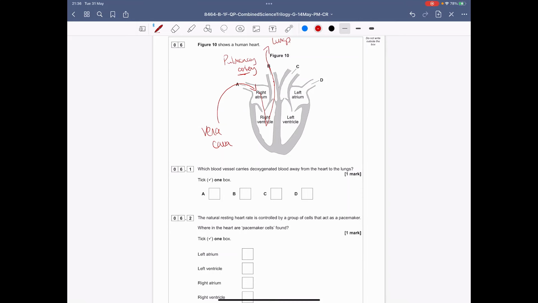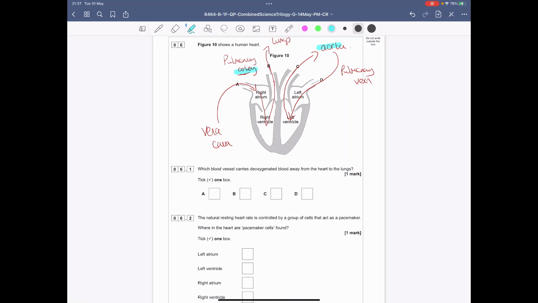When it's got its fresh oxygen from the lungs, it will come back to the left side of the heart through the pulmonary vein, and then it is pumped off again through the main artery called the aorta. Now, the key thing to note is that the arteries, the aorta and the pulmonary artery, carry blood away.